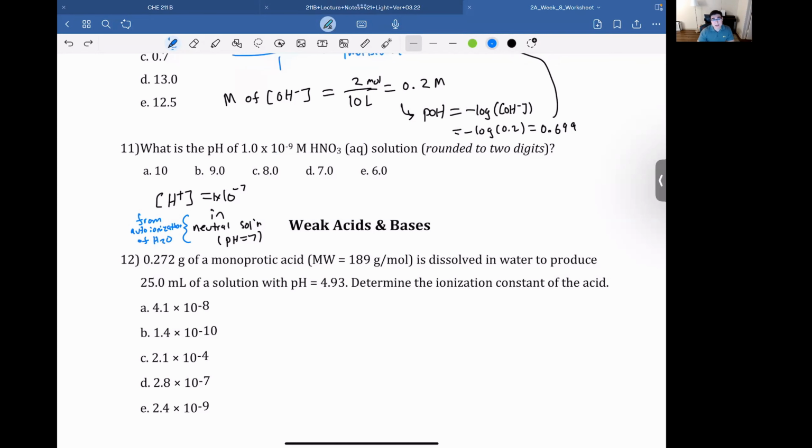That's 100 times smaller than that from the autoionization of water. So we're going to say the H plus from HNO3 is really negligible compared to the H plus from the autoionization of water.